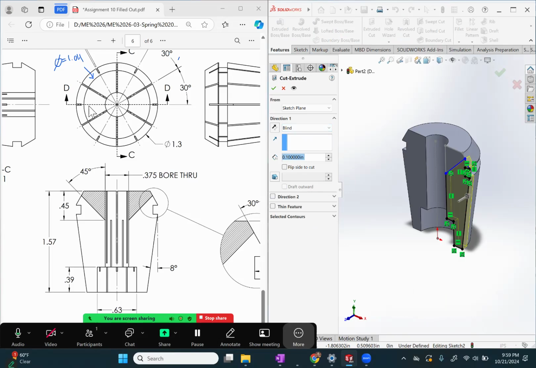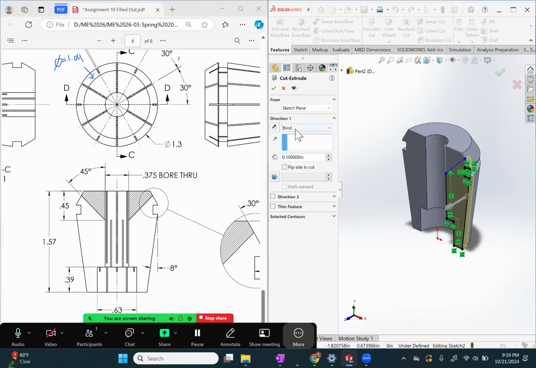Again, we're on this center plane, so we know we have to make our cut half in one direction, half in the other. So you can use both directions to do that. Type in half your distance here and half your distance here.